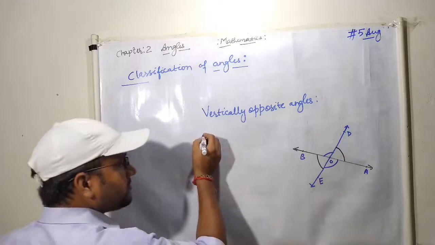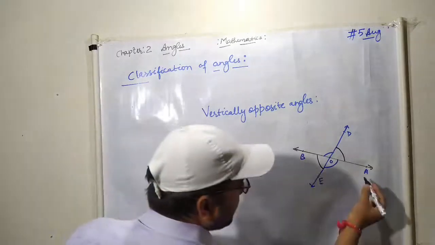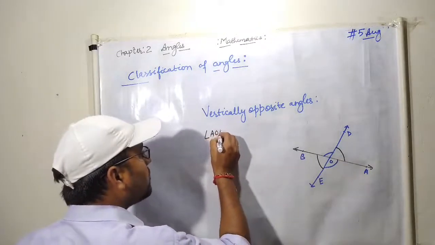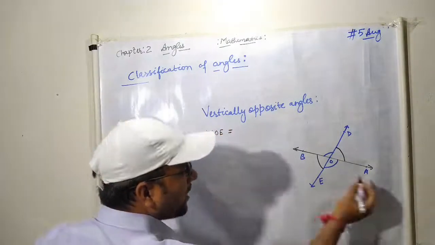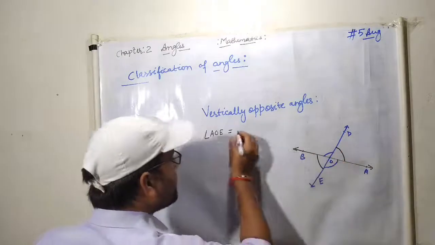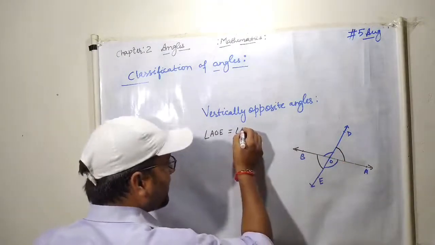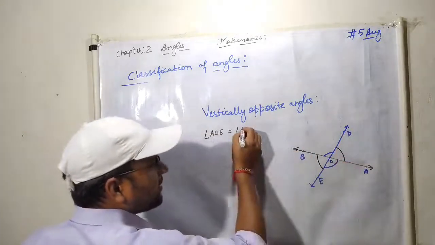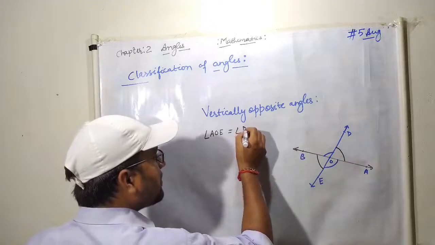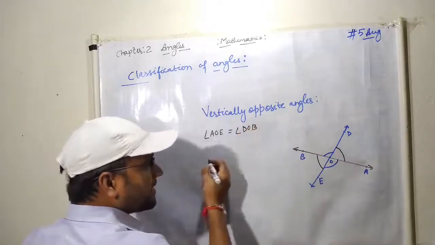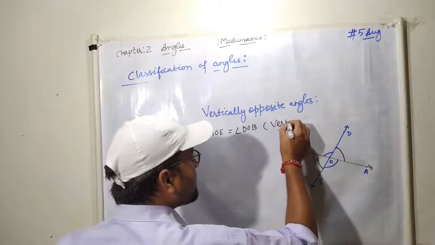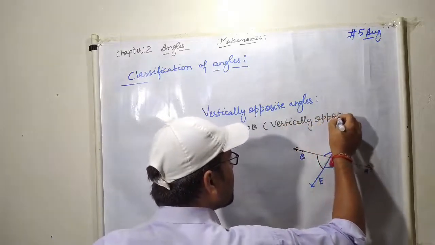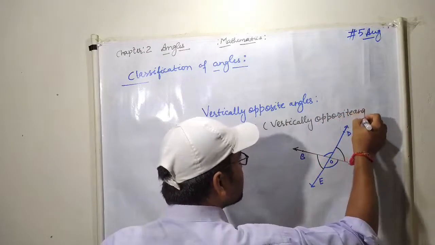So angle AOE is equivalent to angle DOB, and this is known as vertically opposite angles.